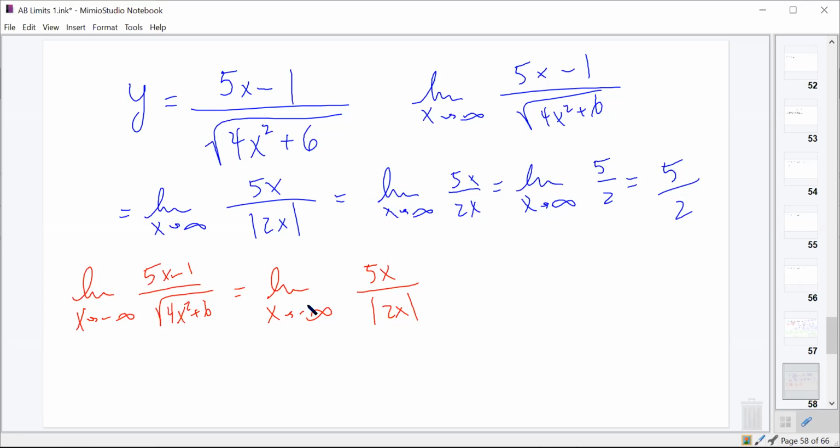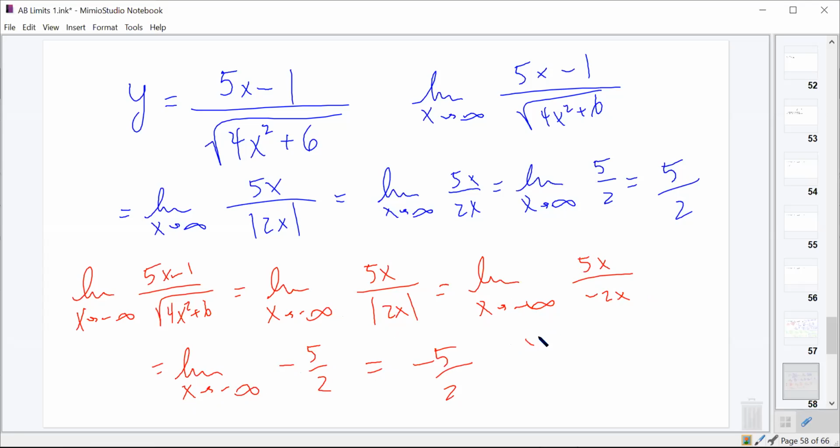And now that absolute value of 2x, the 2x is negative, so when we take the absolute value, we have to take the opposite of it, which gives us negative 5/2. So we have y equals 5/2 to the right, and we have y equals negative 5/2 to the left. Everybody good or no? Good. All right, cool.